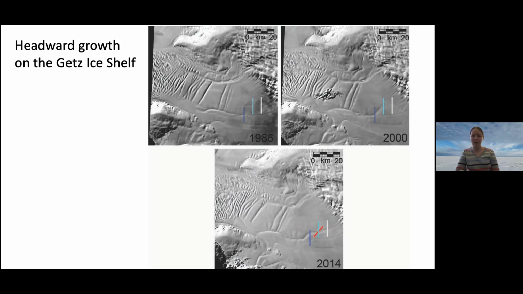We see that all over, and I have no idea why. All I know is I've looked at a lot of channels, and it's a really, really common feature. And it often does seem to develop later, like it's not necessarily there when a channel forms. So that channel that we're looking at on Pine Island Glacier with the transverse rifts is now forming a ridge in the middle as well.